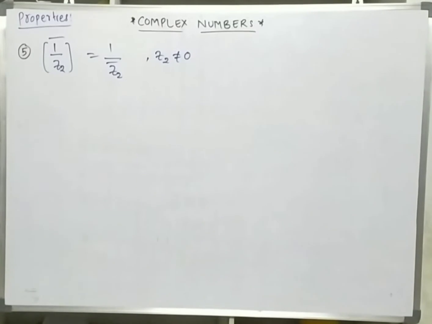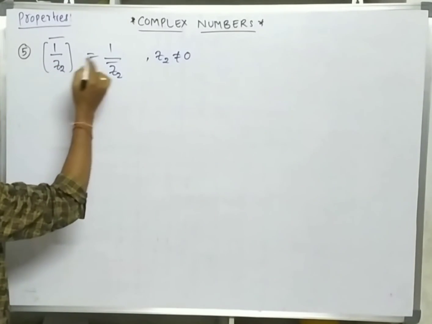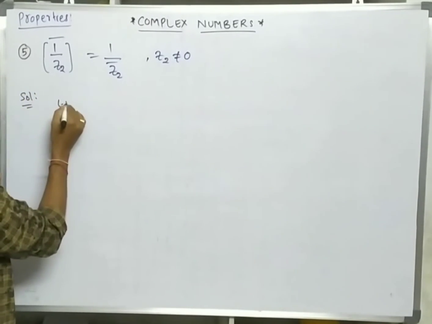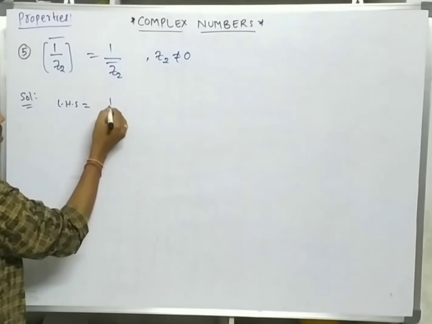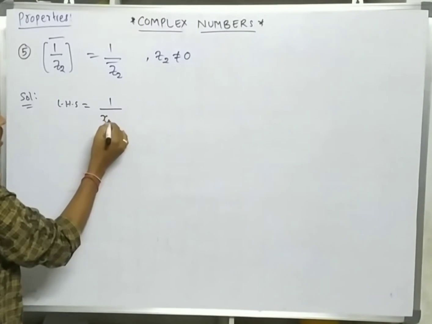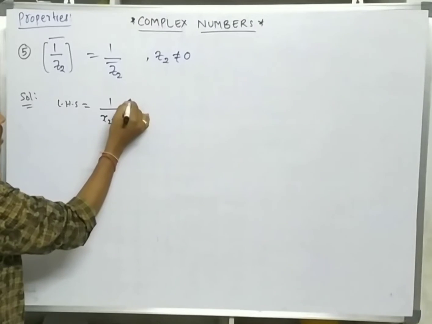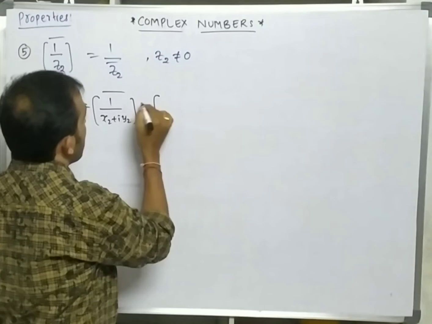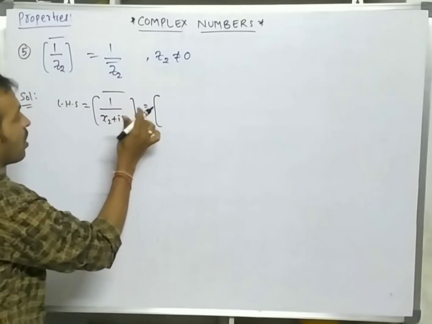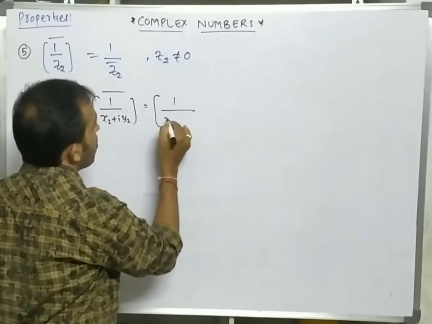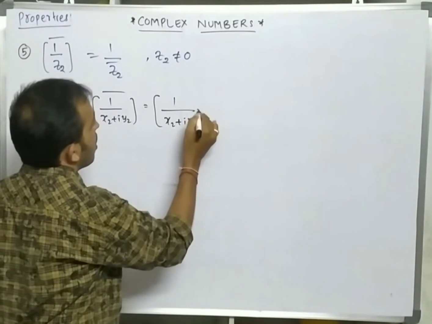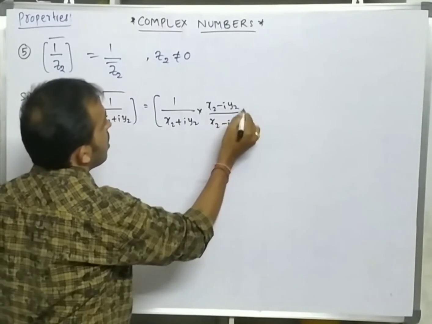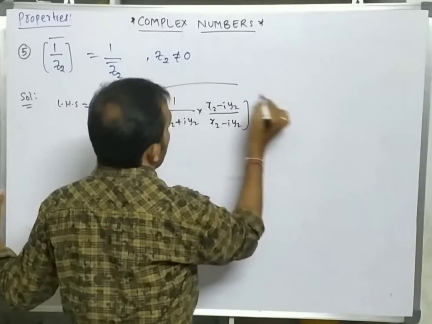Next, fifth property: conjugate of 1 by z2 is equal to 1 by conjugate of z2. So first take the left hand side part, that is 1 by z2, where z2 is x2 plus iy2, whole conjugate. This can be written as, first of all, multiply numerator and denominator with x2 minus iy2, its conjugate, and apply bar.